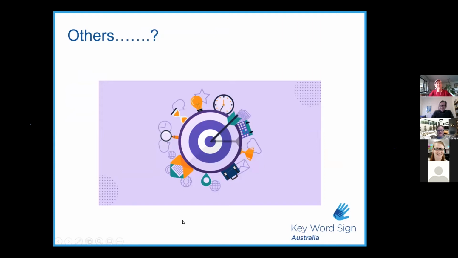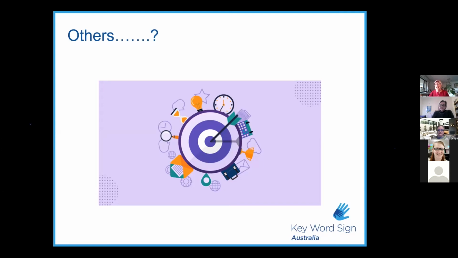I guess the bottom line is, it's really helpful for you to think about what the linkage is between the provision of keyword sign and what the goal is. And the bottom line is it can contribute to the achievement of a whole lot of changed outcomes and changed capacity for people to be supported in their communication development and their use of communication.